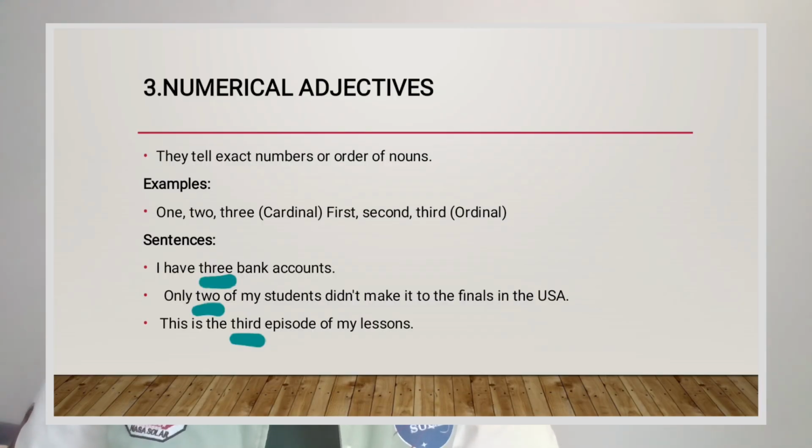Our first example would be, there are several factors to your incompetence. And so several is the quantitative adjective preceding factors. Our second example would be, some of my students are participating in the spelling bee.